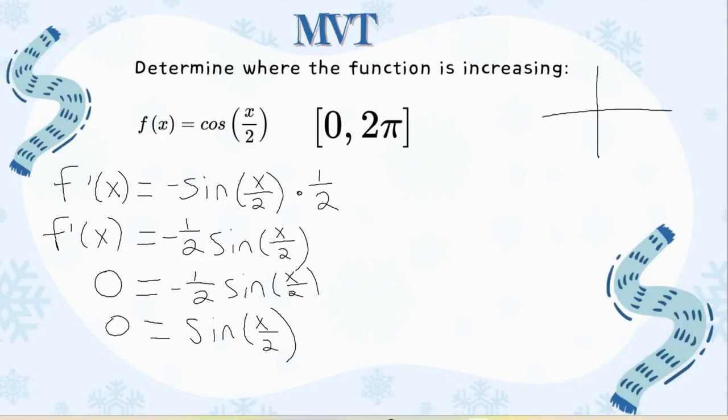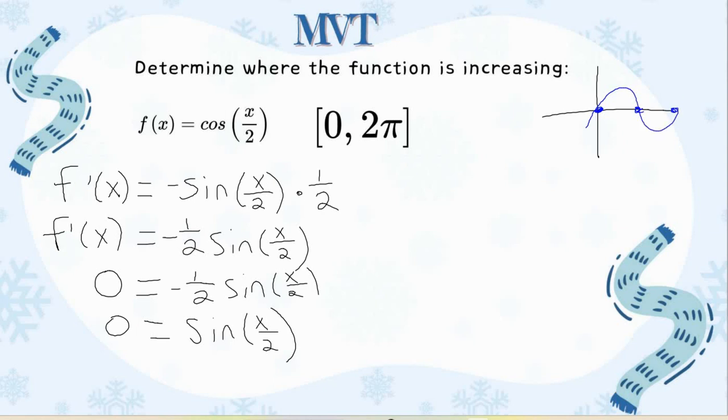What does our graph of sine look like? 0, 1, 0, -1, 0. Yes. So it starts at a 0, versus cosine, which starts at a 1. And normally, this is 0.